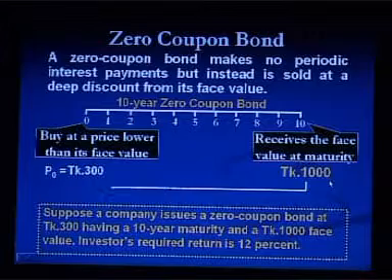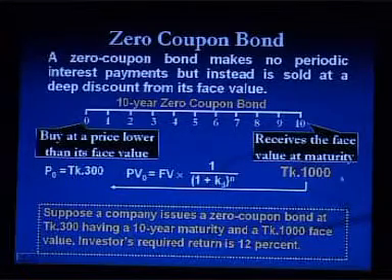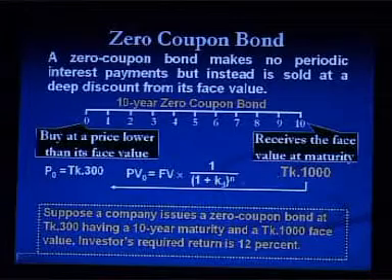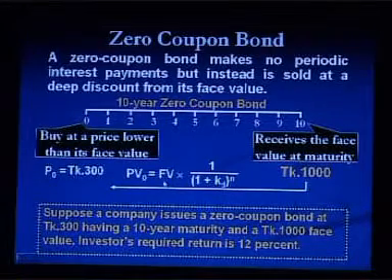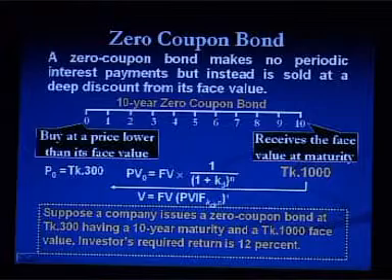Now, you have to calculate the present value of this taka 1000, and you know this is a lump sum amount to be received after 10 years. So, you can use this formula, that is future value times 1 by 1 plus KD to the power n, and you know this is a lump sum amount.